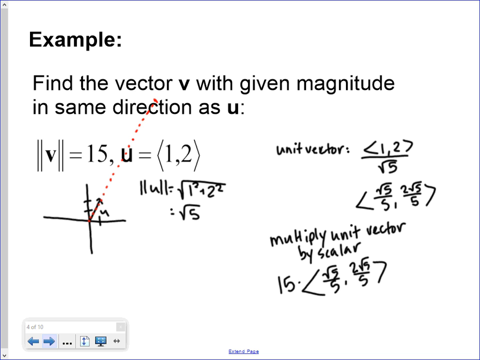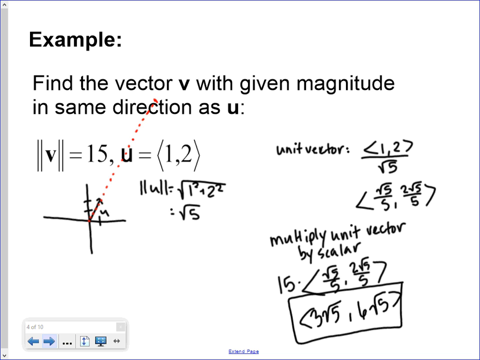Because I did the rationalizing, this is going to work out nicely when I multiply to both components. I'm going to get 3 square root 5, because 15 over 5 is 3. And then 15 over 5 is another 3, but it gets multiplied by 2, so that would be 6 square root 5. And so my new vector v must be 3 square root 5, 6 square root 5.